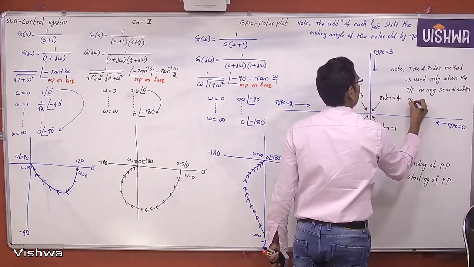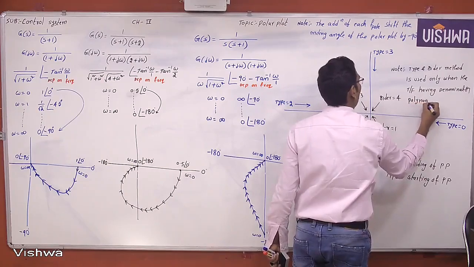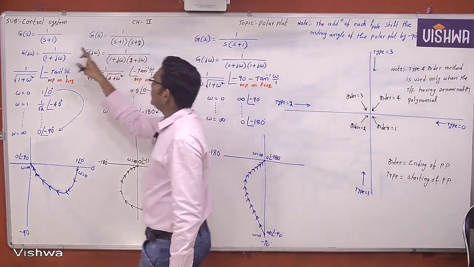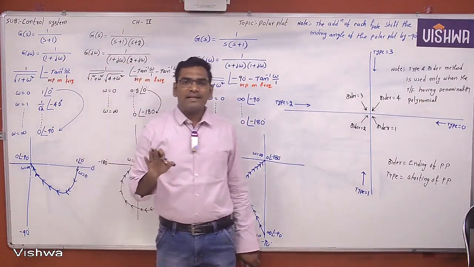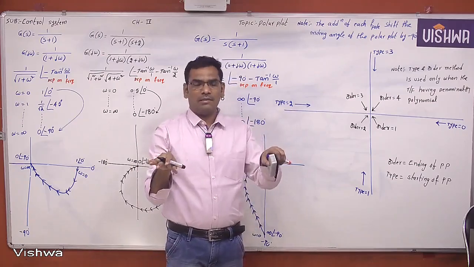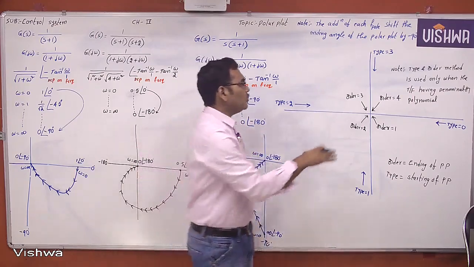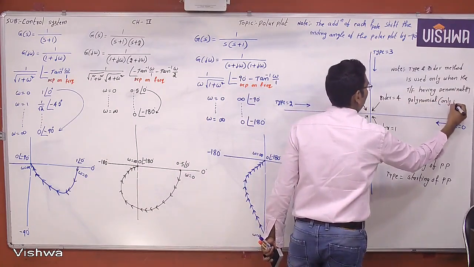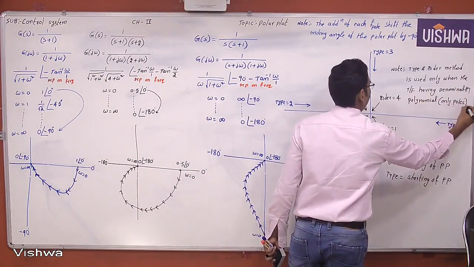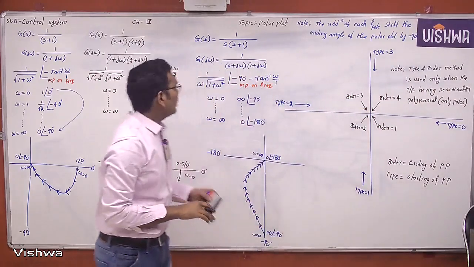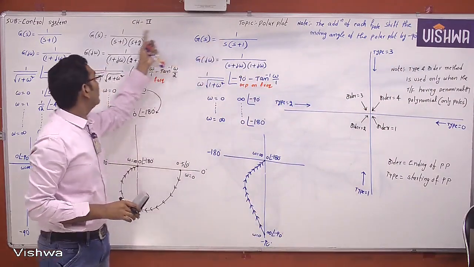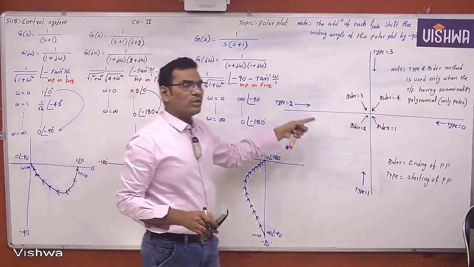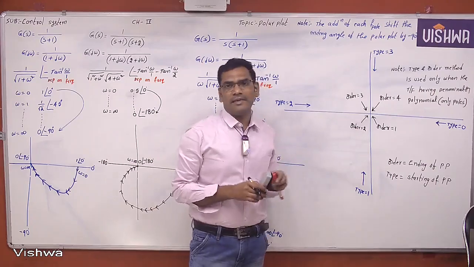If the transfer function is having only denominator polynomial, means only poles, then use this type and order approach. Don't use it when the transfer function is having zeros. If the numerator polynomial is available, don't use this type and order concept, otherwise it will give the wrong results.